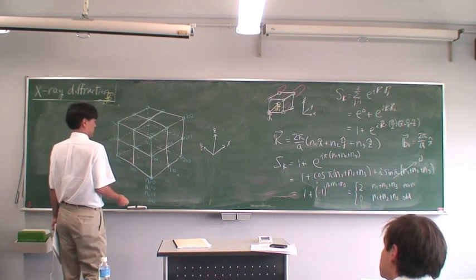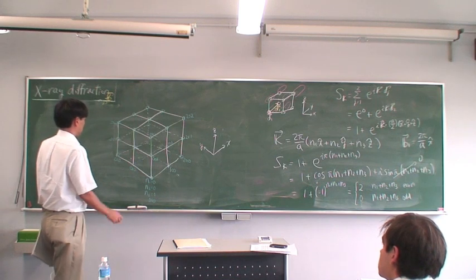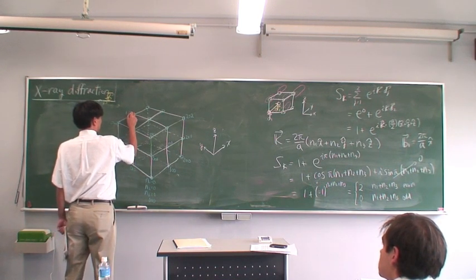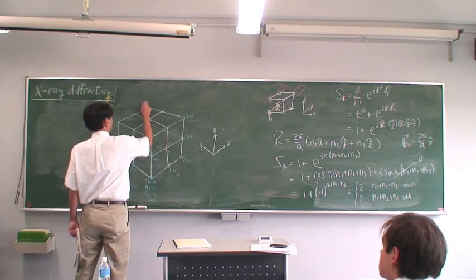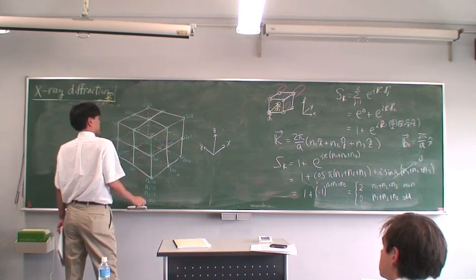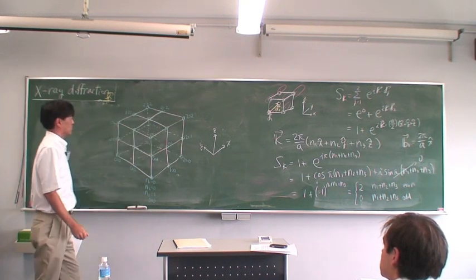Now this is 1, 2, 2, 2, 2, 2, and this is 2, 1, 2. Okay?